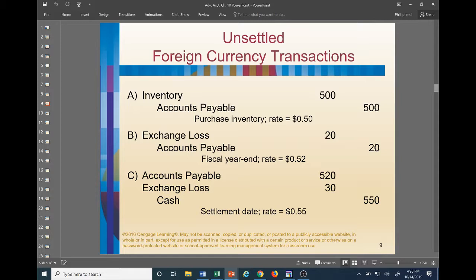The reason we incurred an exchange loss and increased accounts payable is that the exchange rate is now more expensive, at 52 cents as opposed to 50 cents. The 20 comes from the spread between the 52 and the 50: 2 cents times 1,000 gives us the 20. It's a loss because now we have to pay more to purchase those foreign currencies than we did before.